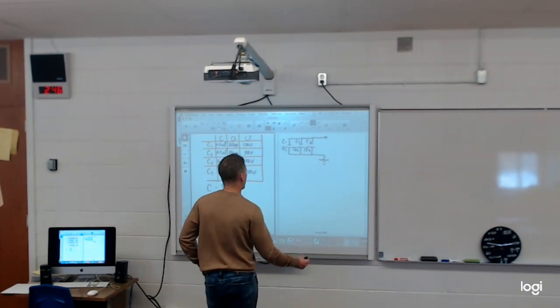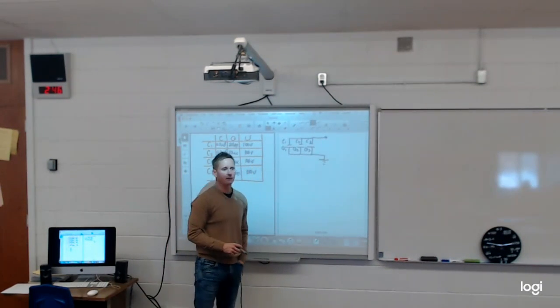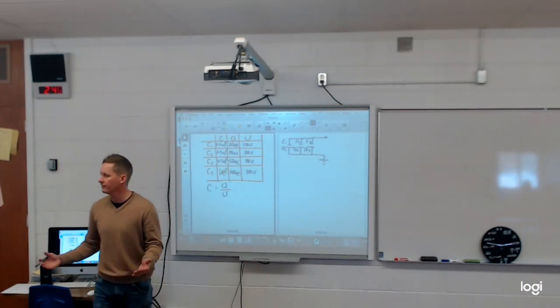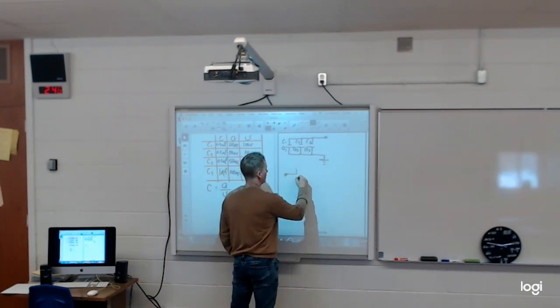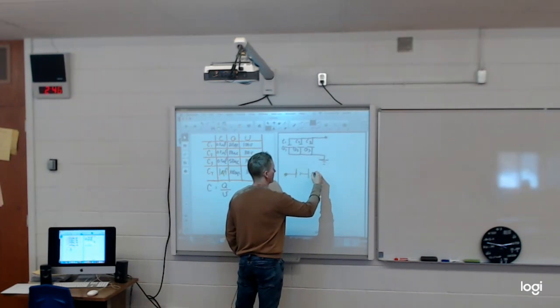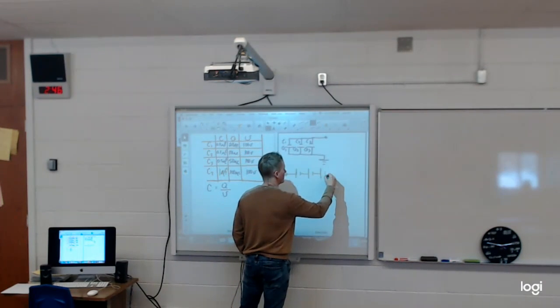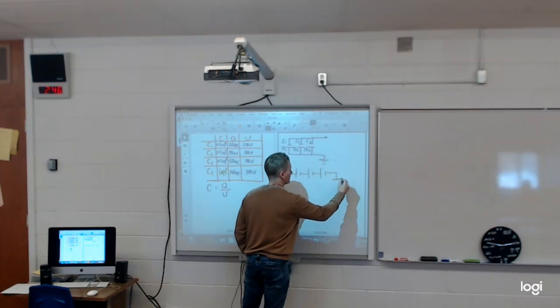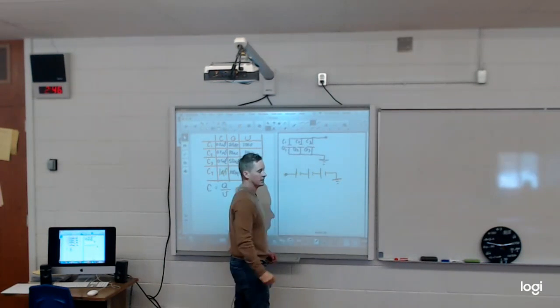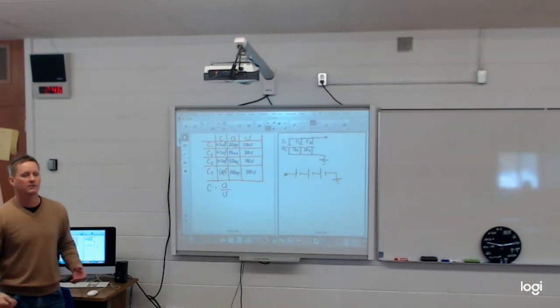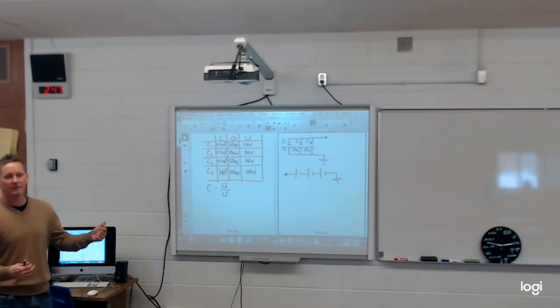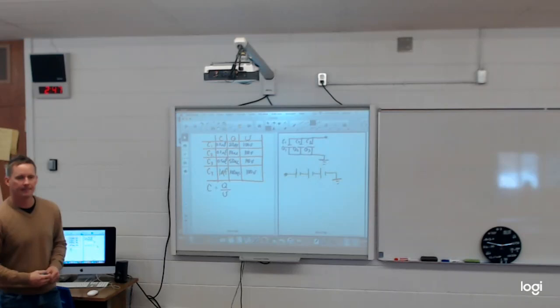Okay, so now we're going to take these three capacitors apart. They're no longer in parallel. Now I'm going to put them together in series, and the capacitance doesn't change because they're the same three capacitors. They store charges, so they have the same C on them, right?